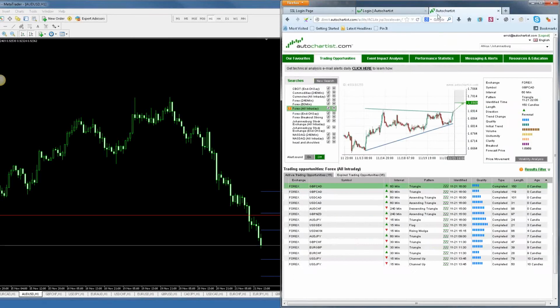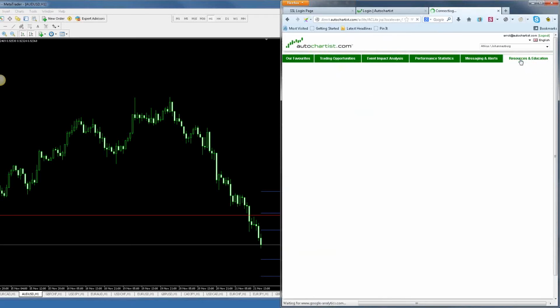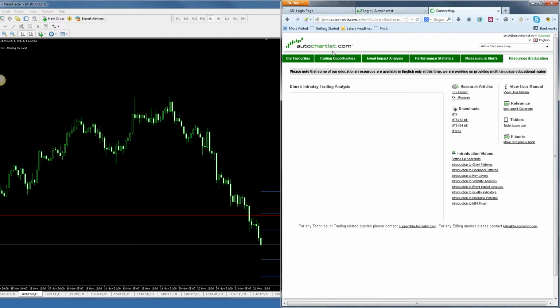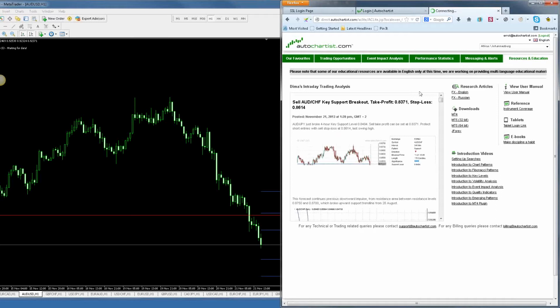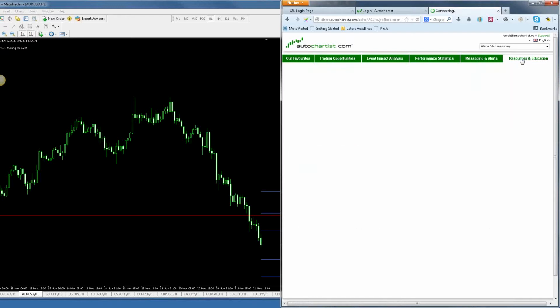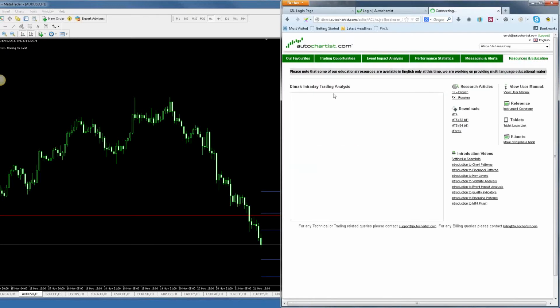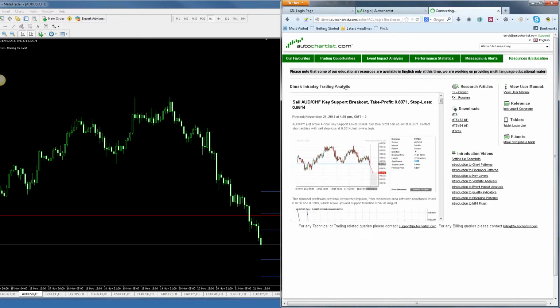Second of all, I just want to show you quickly a new feature that we have at Autochartist. If you go into the web platform, this is actually the trial period web platform. The broker's web platform might look a little different. I just want to show you a new great feature that I'm very excited about. If you click on the Resources and Education tab in your web platform, you'll see here DEMA's Intraday Trading Analysis.